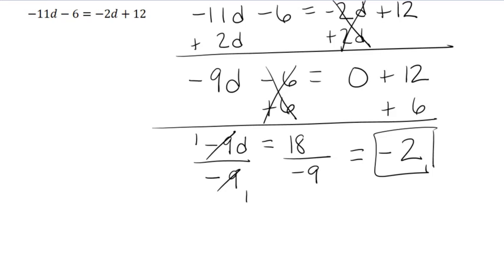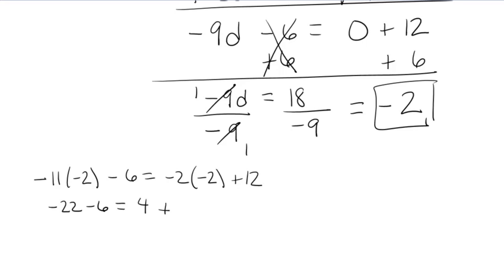Now, if we want to check that we did this right, we would go like this. We can go negative 11 times negative 2 minus 6 minus 2. Now we substitute also negative 2 there for this other d, plus 12.